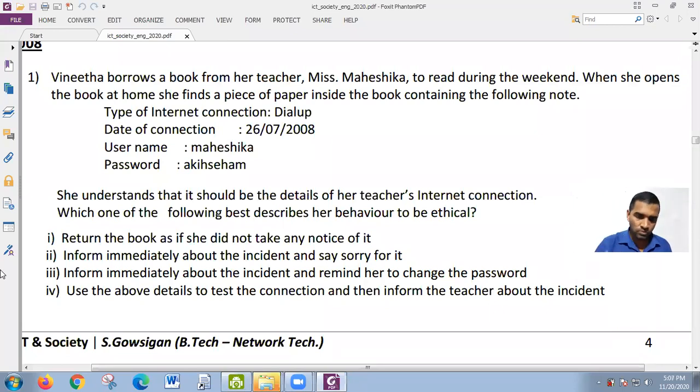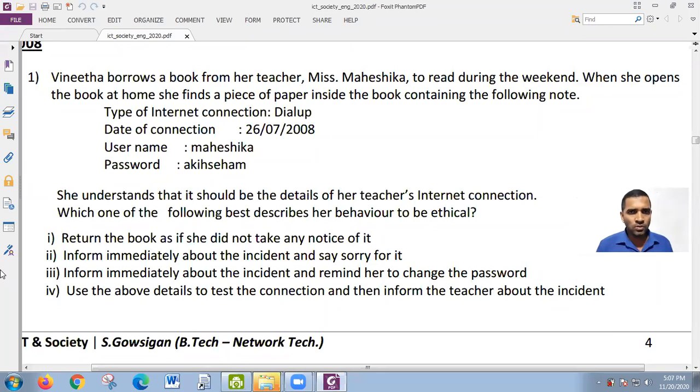According to the first statement, she has to return that particular book to the teacher without showing the information she observed or found. So without showing that information, she returned it.